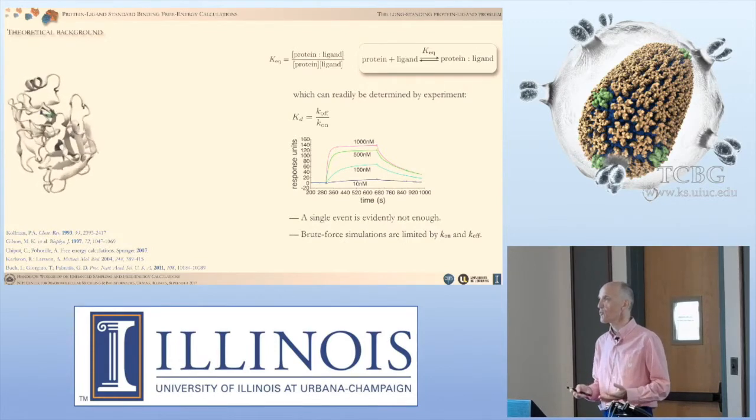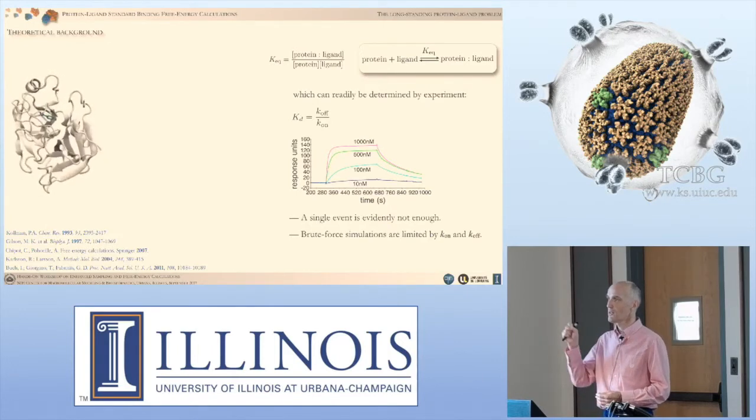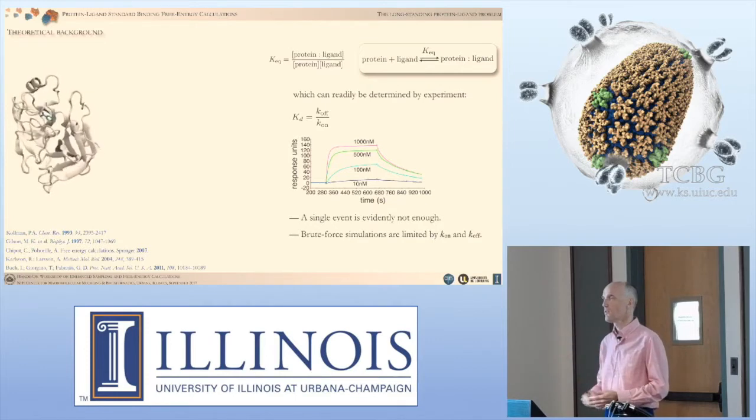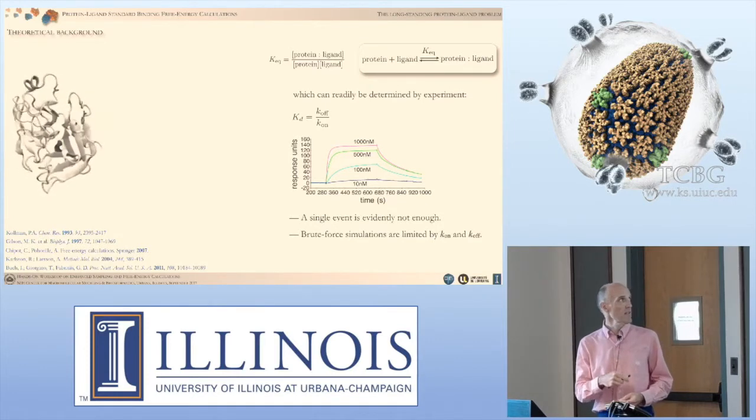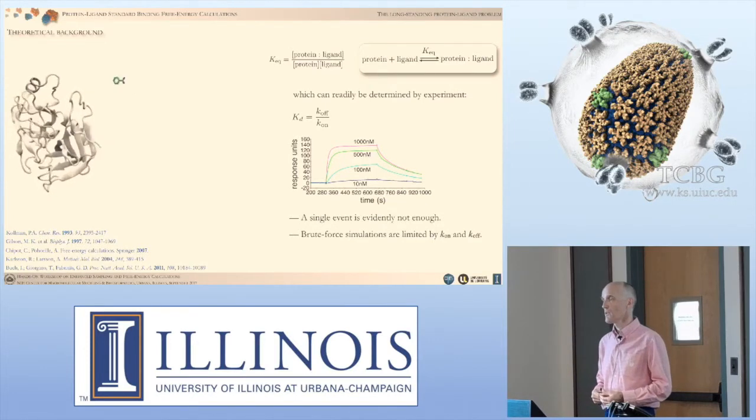It's pretty much what you're doing when you do a surface plasmon resonance or Biacore experiment, where you're actually measuring the time for the ligand to bind onto the surface, and then when you wash out the surface, how long does it take to unbind? Of course, this kind of thing can be done with a weak binder.